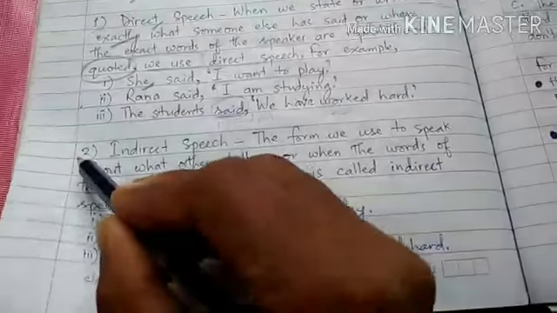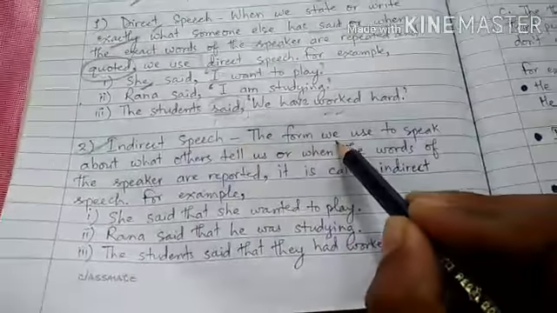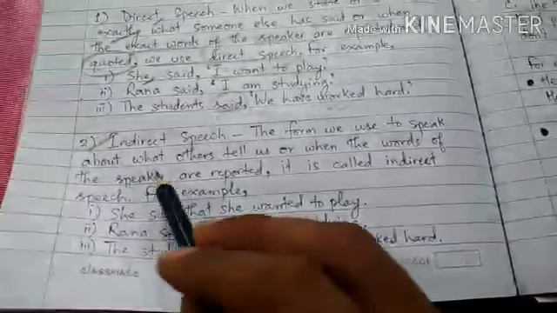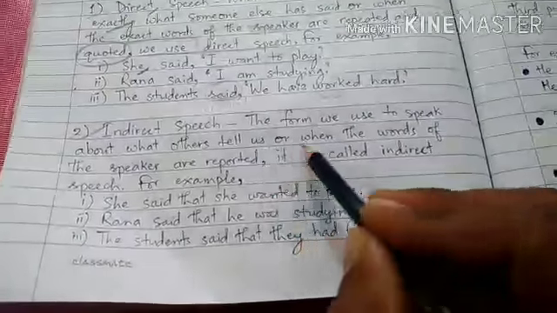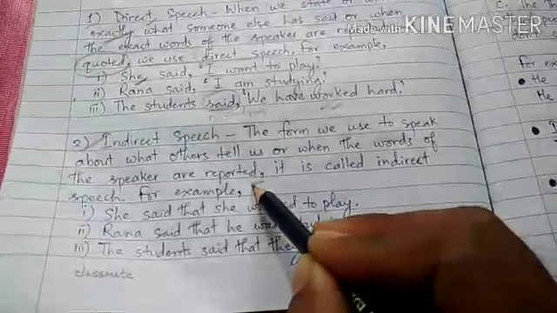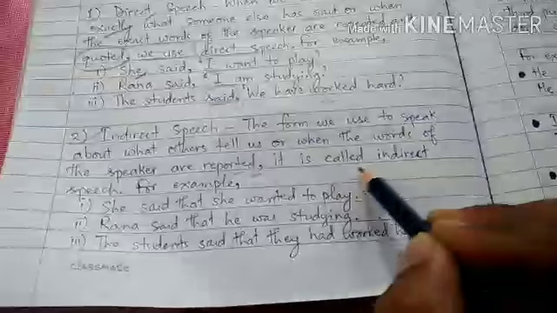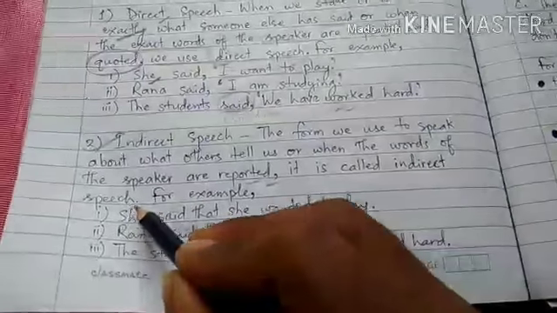Now we have to understand what is indirect speech. The form we use to speak about what others tell us or when the words of the speaker are repeated is called reported speech. It is called indirect speech.